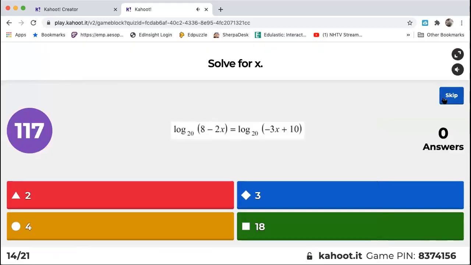All right, another equation here. Solve for x. Got a little small. Cody, can you see it back there? Does the bottom log say 20? 20, yes. So log base 20, 8 minus 2x equals log base 20, negative 3x plus 10.